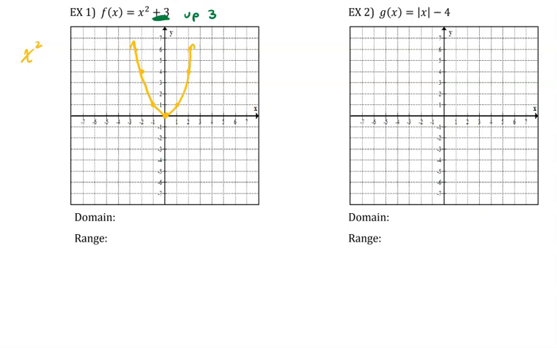So every single point that we just graphed, we're going to move it up 3. So move this one up 3, this one up 3, that one, and that one. Again, you can see I literally just moved each point that we had already graphed up 3.